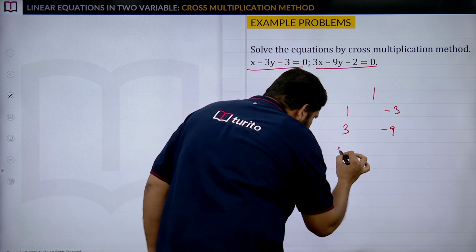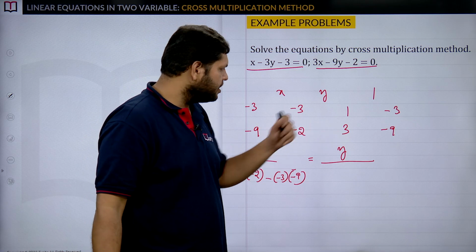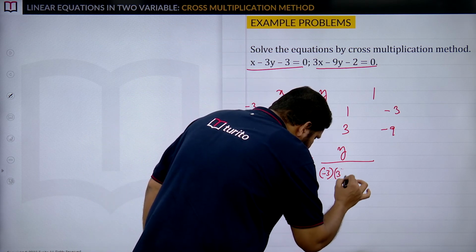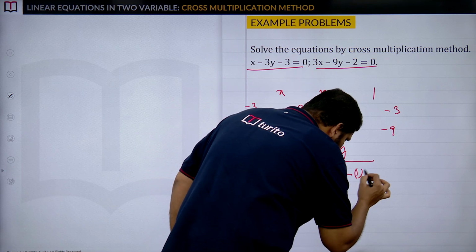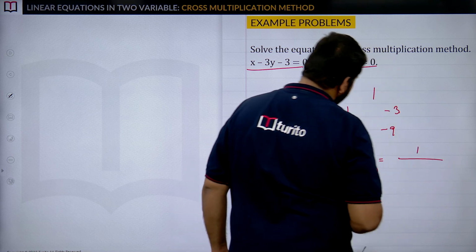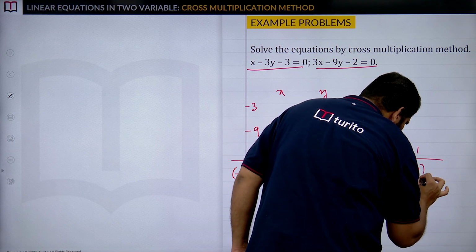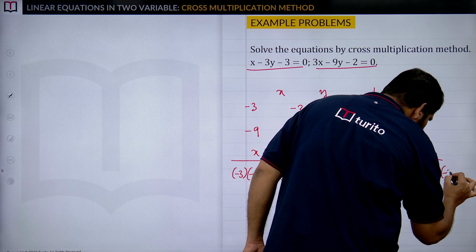Then y divided by, multiply minus 3 into 3 minus multiply 1 into minus 2. Next, 1 by 1 into minus 9 minus 3 into minus 3.